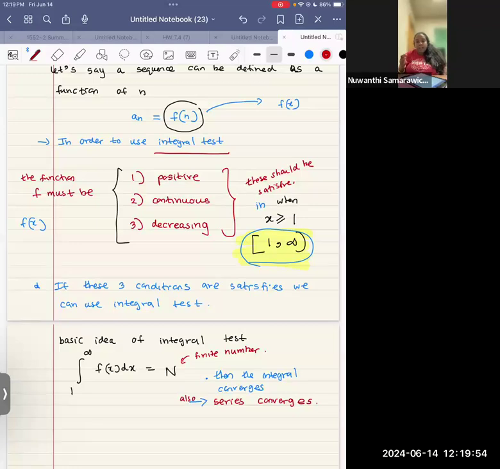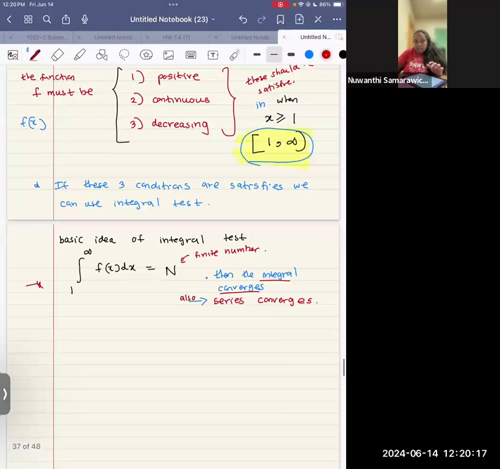Okay, so the idea is we have a series and we need to check whether it is convergent or divergent, so we apply the integral test. If the integral gives a finite number, we say the integral is convergent, and then we can say the series is convergent.